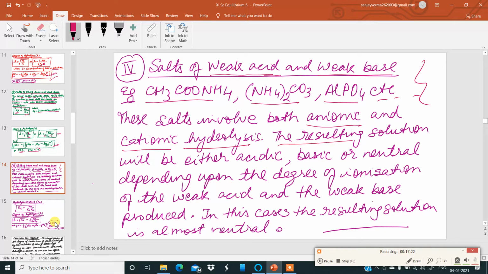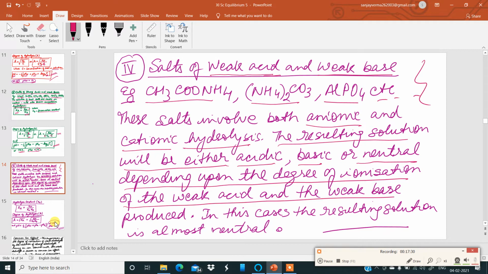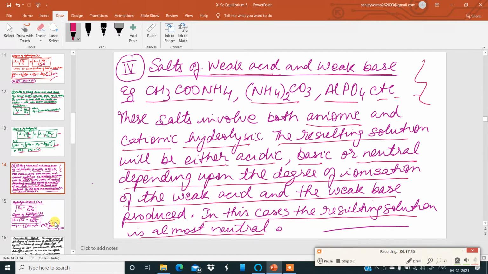The resulting solution will be either acidic, basic, or neutral depending upon the degree of ionization of the weak acid and the weak base produced. In these cases, the resulting solution is almost neutral. We can talk about neutrality over here.